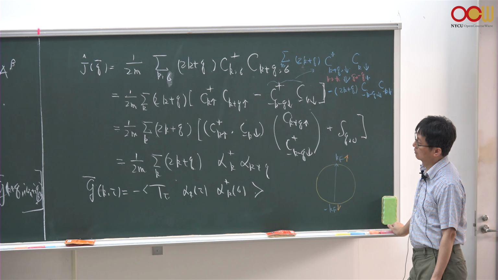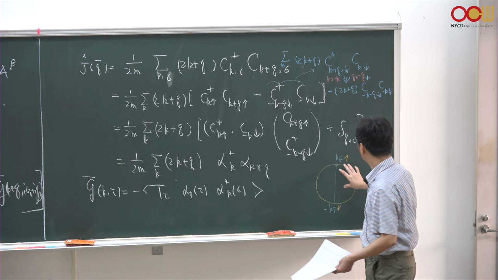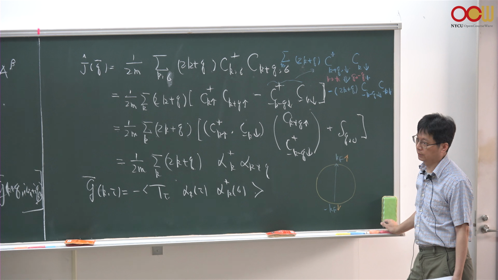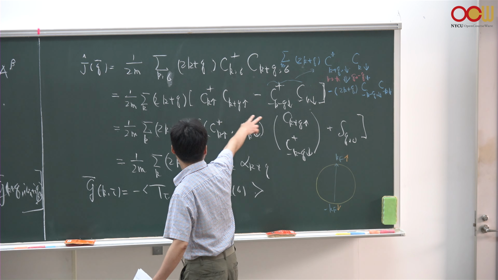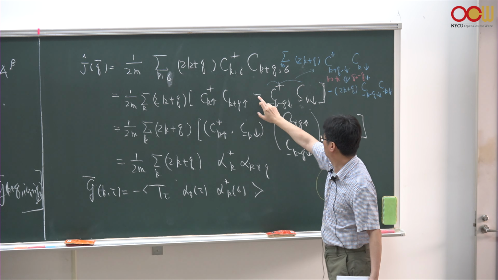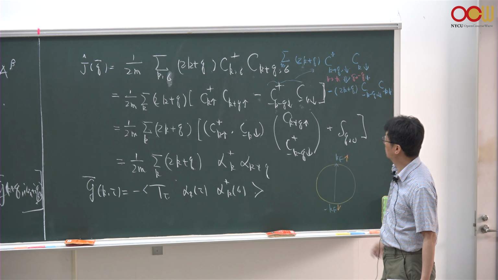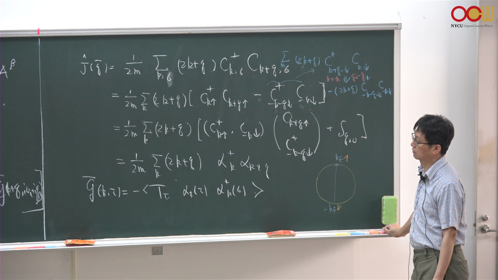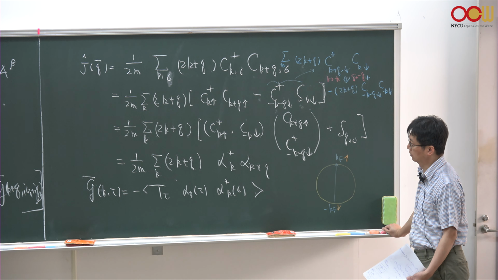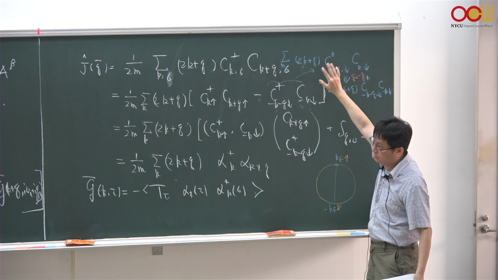Because we know that for the Cooper pair to form, the momenta should be completely opposite to each other, right? As a result, the down-spin component is written with a minus sign times C dagger minus k minus q down and C minus k down. This is totally equivalent to the original form without the sign flip.